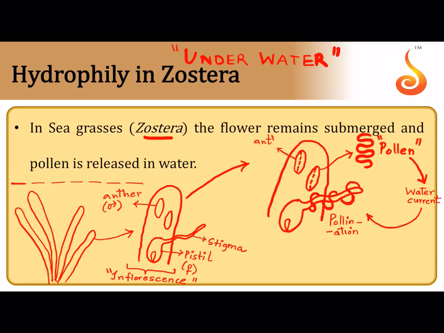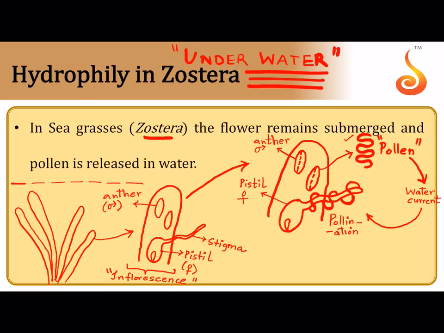They don't have petal or sepal, they just have anther, and this is the female flower which is called the pistil. Isn't it? So the male flower, the anther, which is the male part, will dehisce. It will release this elongated ribbon-like pollen which will float inside the water. Nothing happens on the surface. Everything happens underwater. Very important.